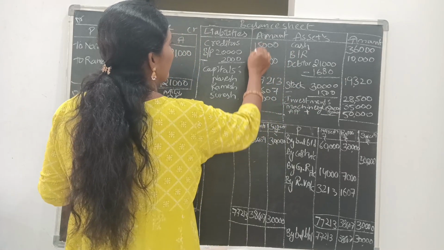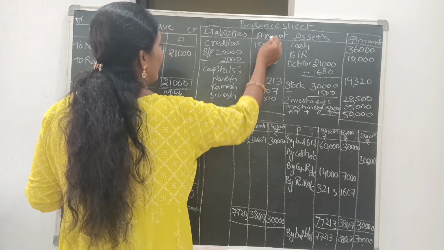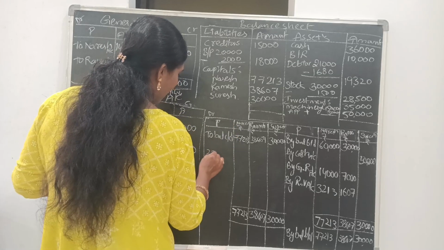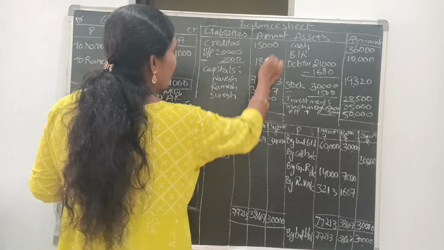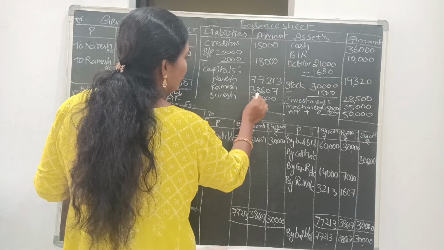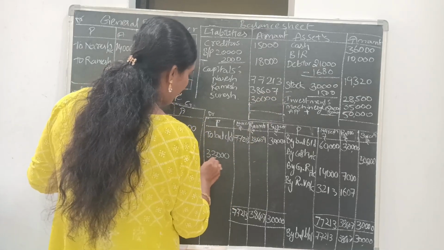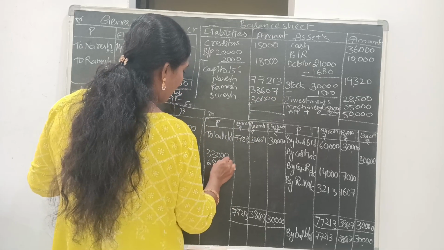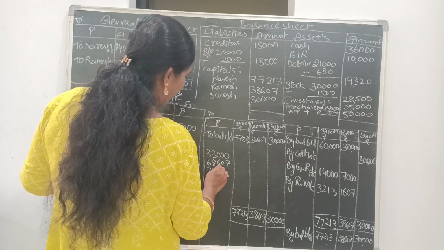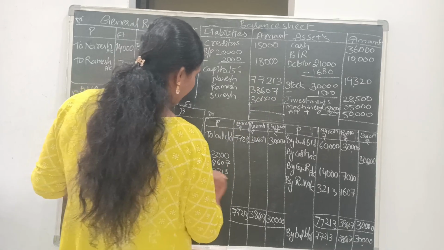15,000, 18,000, 20,000, 32,000, 33,000. 33,000 is the total, adding 38,607 and 77,213.